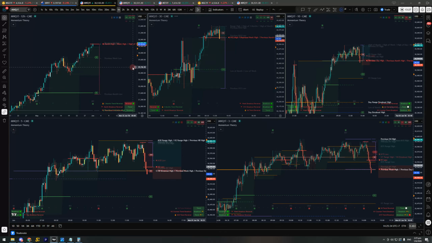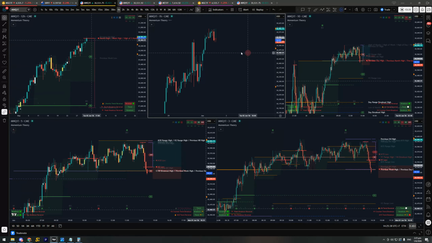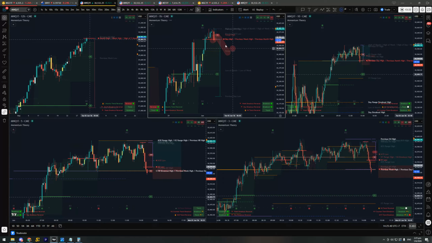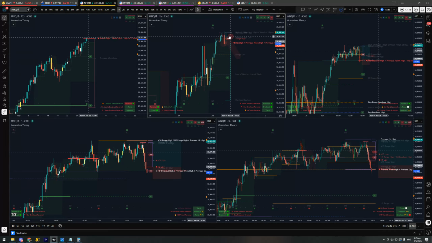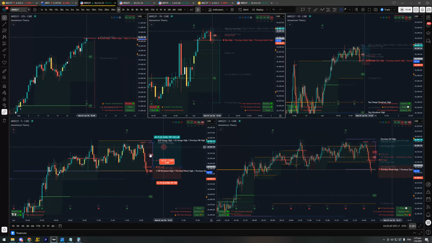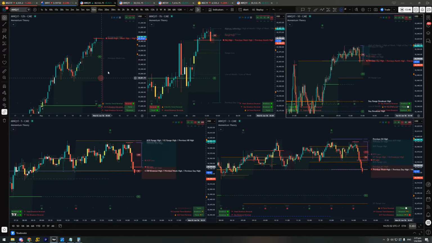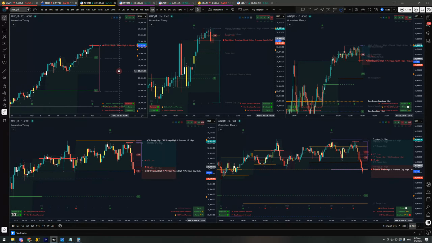If it doesn't, then I'll have to wait for the H12 to see if there's a continuation move down or if there's a play to get back to the top there. It's dropping a little bit faster than I want, but still bullish as long as we stay above previous day high.